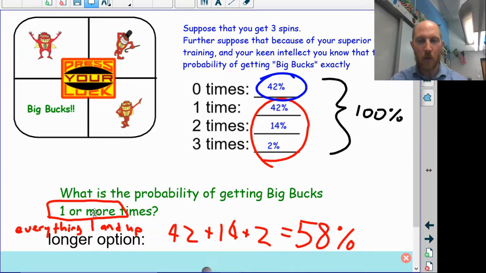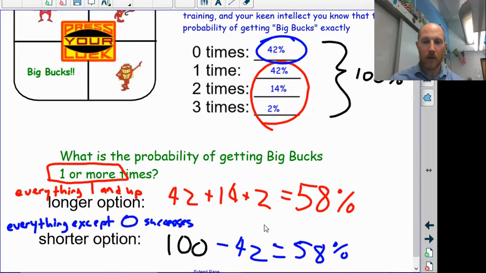Right, so 1 or more, the 2 different ways we look at this, it means everything from 1 up, but also it basically means every possible outcome except 0 successes, right? So we could just start from 100%, subtract the one thing that was not included, 0 successes, and if we did 100%, because that's the total of everything, 100 minus 42%, then that'll give us everything that's left, which is 58%.